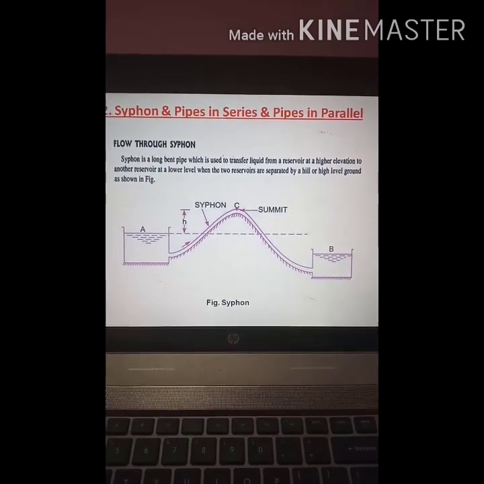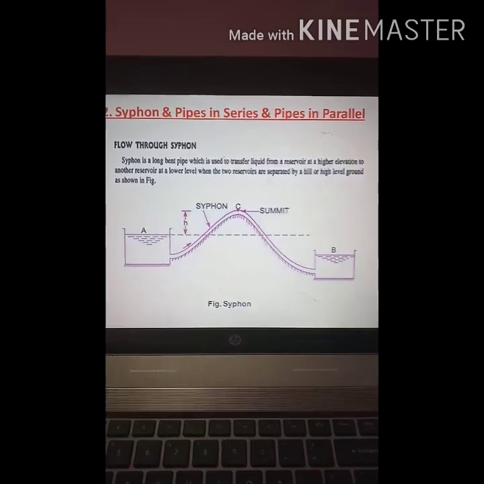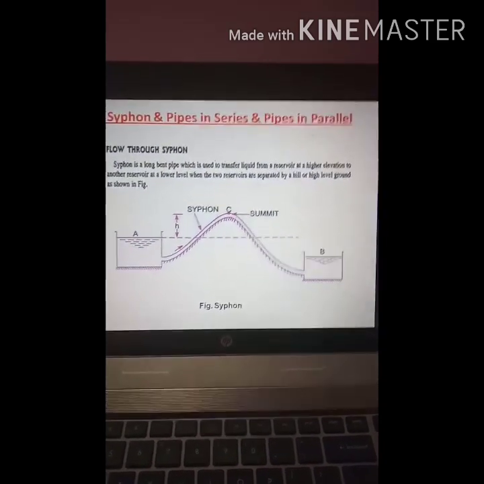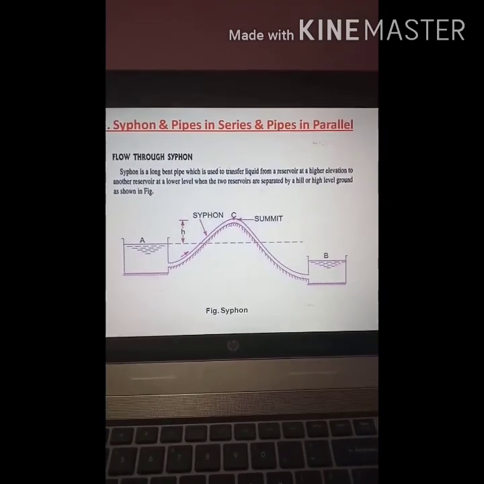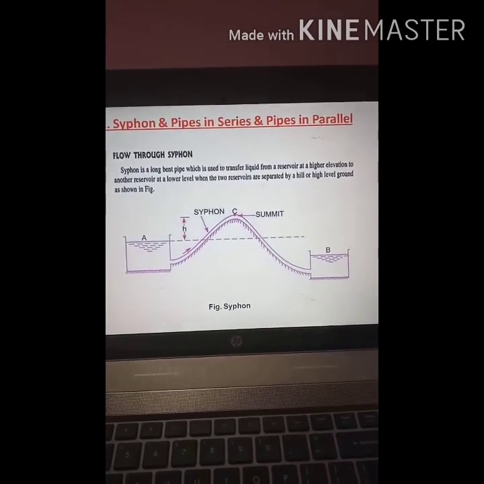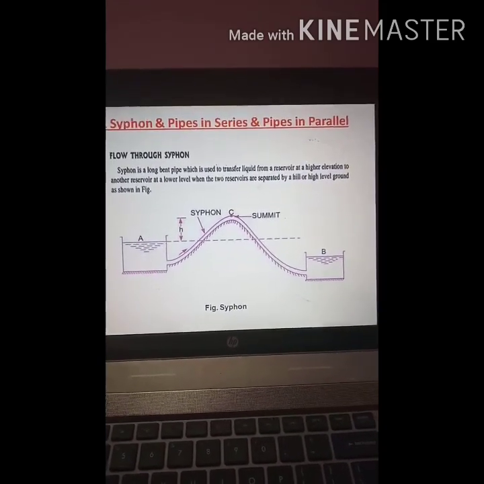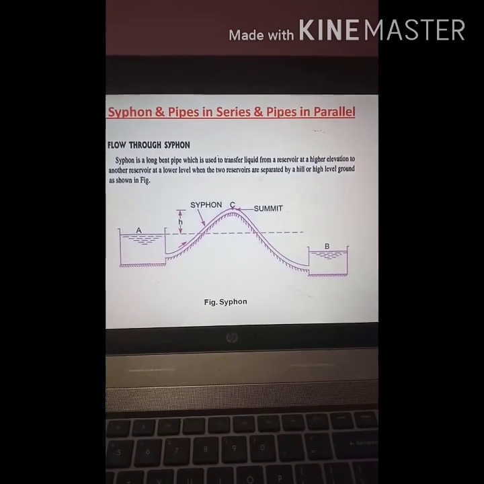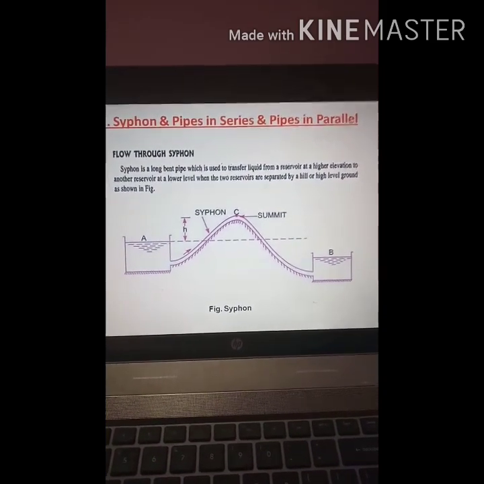In that case you have to use long pipes, and as the pipes are longer, the major loss also has to be considered. Many times the minor losses are neglected because the length of the pipe is very large.